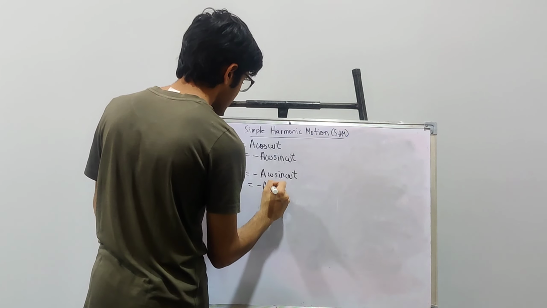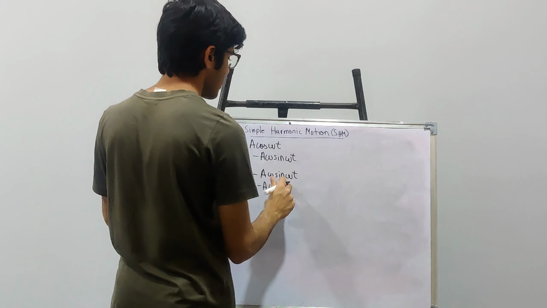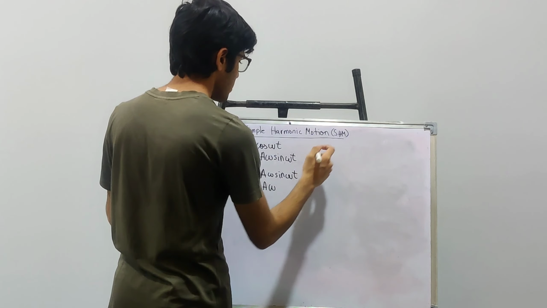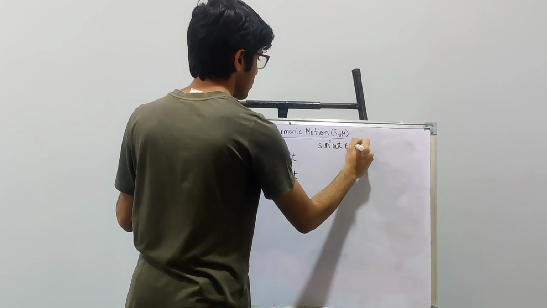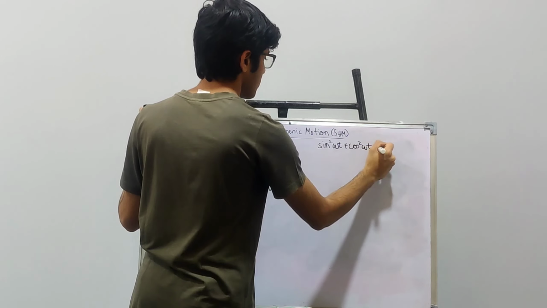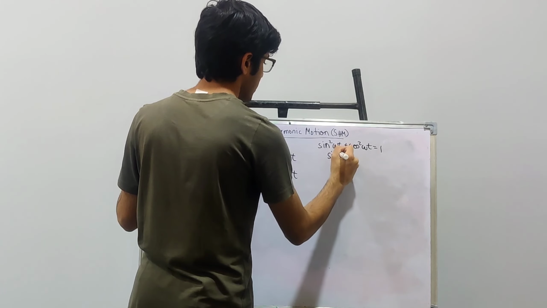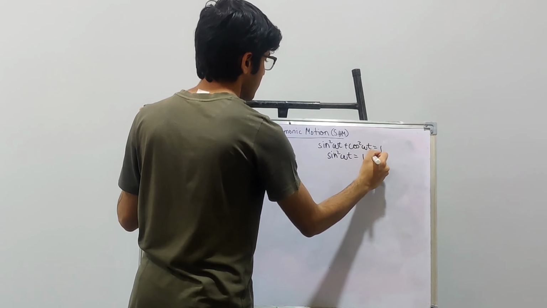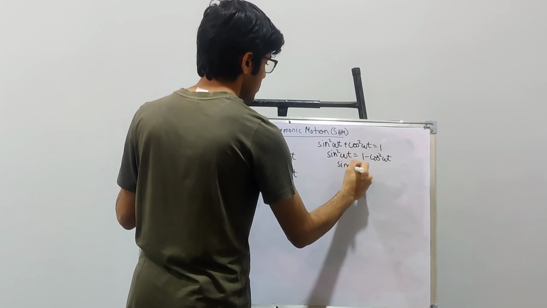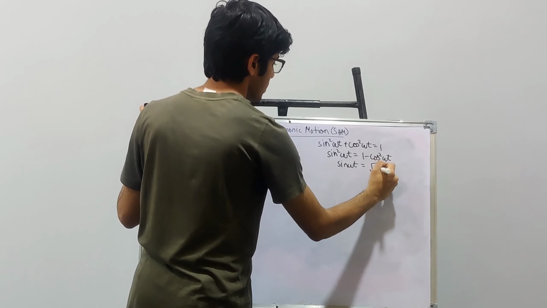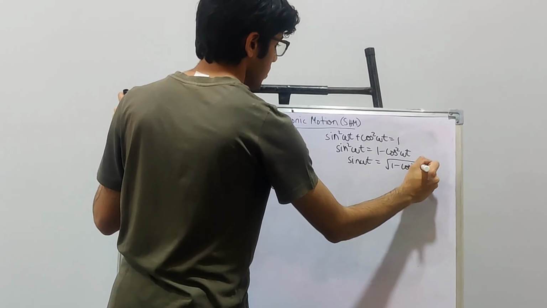We can write this as minus A omega. We know that sin square a plus cos square a is 1. So sin square omega t plus cos square omega t is 1. So sin square omega t is 1 minus cos square omega t, and sin omega t is the root of 1 minus cos square omega t.